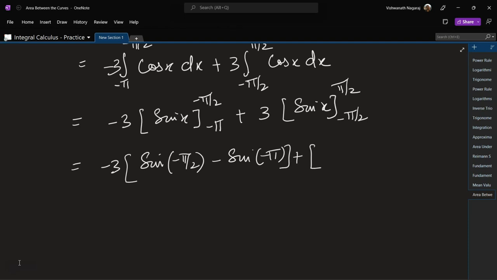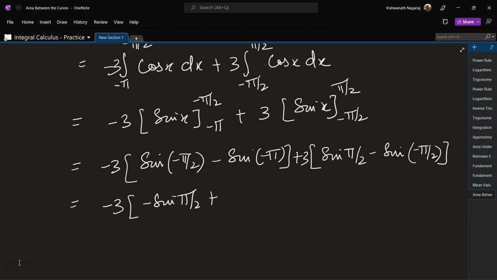plus 3 times sin pi by 2 minus sin minus pi by 2. Sin minus pi by 2 can be written as minus sin pi by 2, which gives us minus 3 times minus sin pi by 2 plus sin pi, plus 3 times sin pi by 2 plus sin pi by 2.